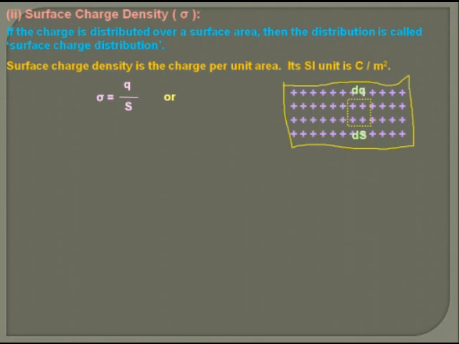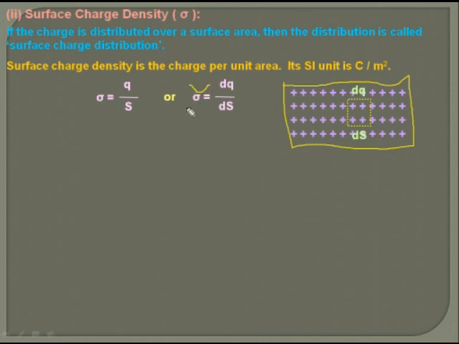We can define surface charge density as the charge per unit area on the surface of a conductor, and it is denoted by the letter sigma.